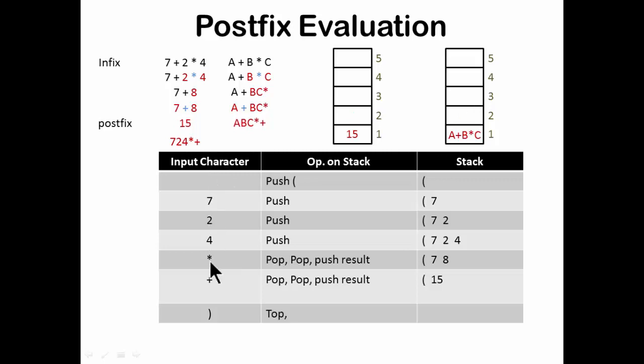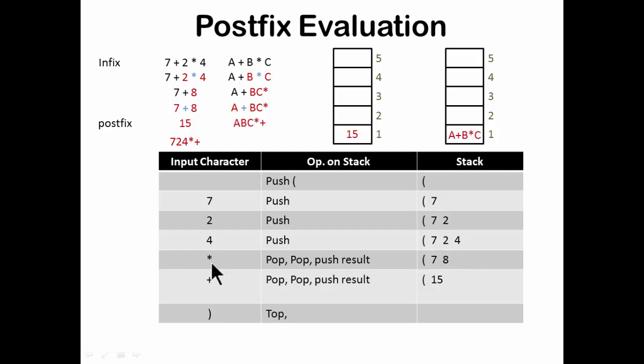Now the input characters are 7 2 4 asterisk plus. You are appending a sentinel towards the end. You are initializing the stack with a left parenthesis. You are getting an operand directly to the stack, operand to the stack, operand to the stack. Then you got an operator, pop, pop, that is pop 4 and pop 2, two elements from the stack.